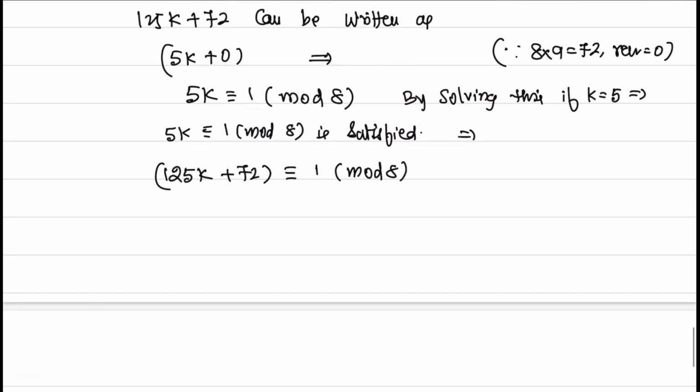And another is k is equal to 5. At k is equal to 5, this equation is satisfied.